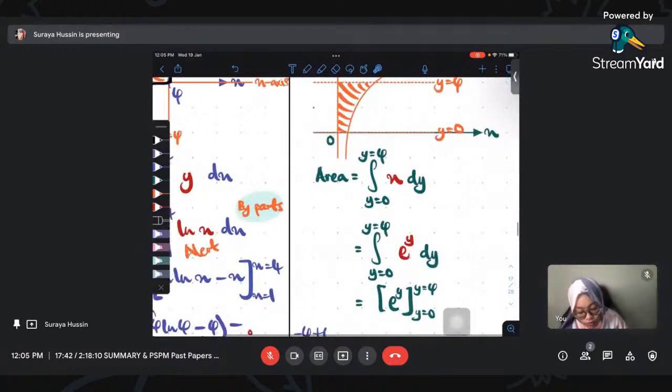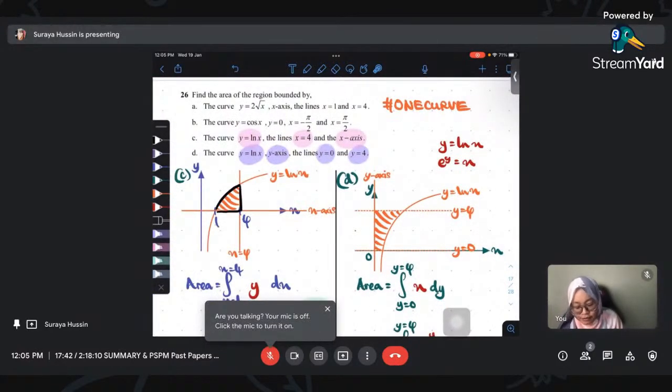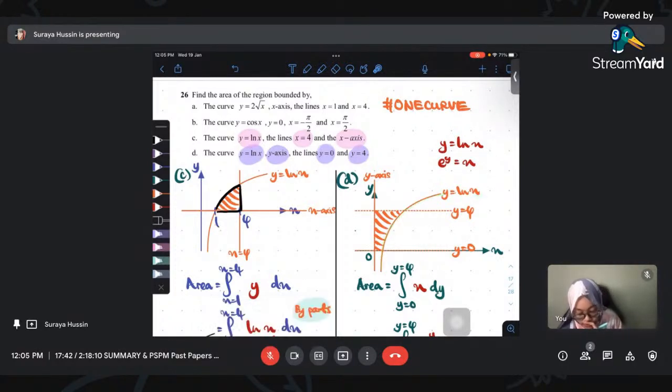Okay, let's move on to the next final question. You still have a graph of logarithm, ln x. Okay, and then you must find your x-axis. Y-axis is over here. This is the graph. You must also have the line of y equal to 0.